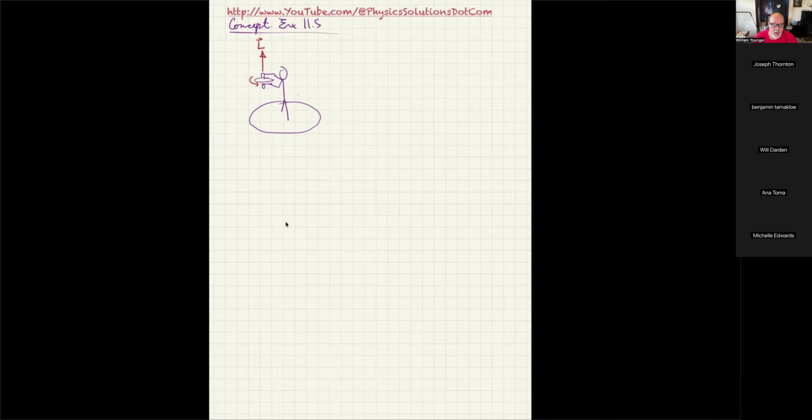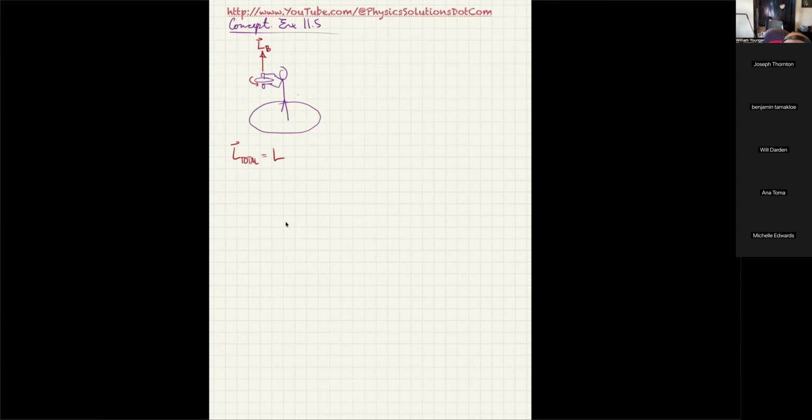It says your physics teacher is holding a spinning bicycle wheel while he stands on a stationary frictionless turntable. What will happen if the teacher suddenly flips the bicycle wheel over so that it's spinning in the opposite direction? So right now, L total is just equal to L, I'll just call that L_B for bicycle wheel.